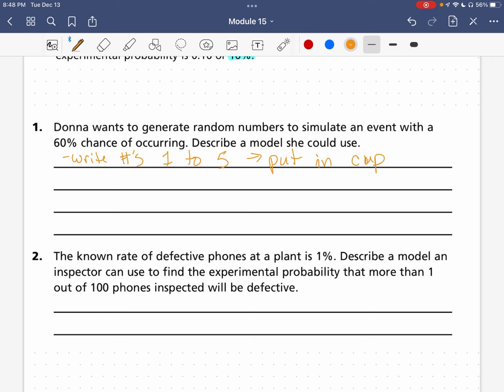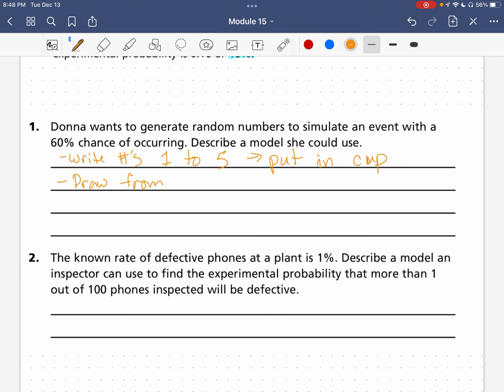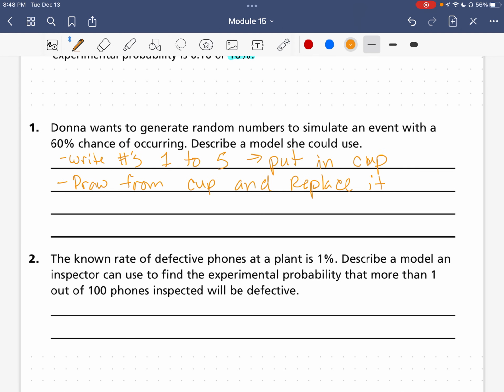And then we're going to draw from that cup and replace it. That's super, super important. You replace it back in the cup after you draw it.